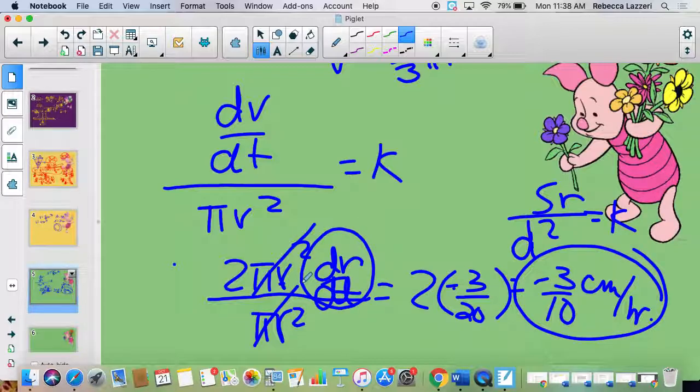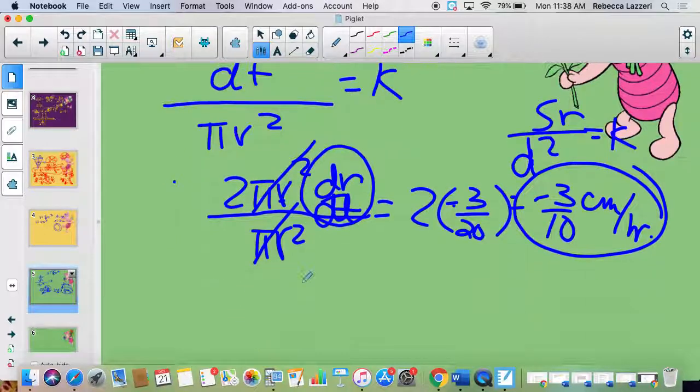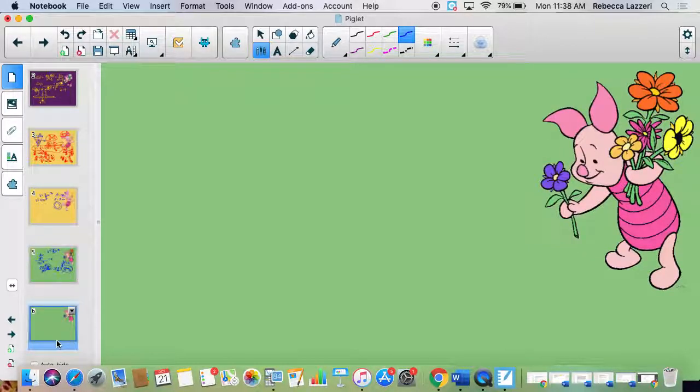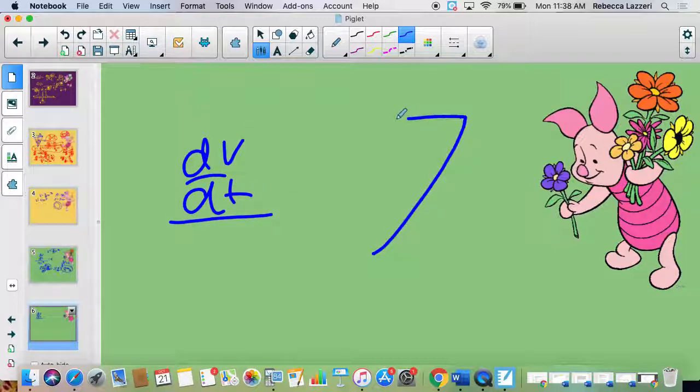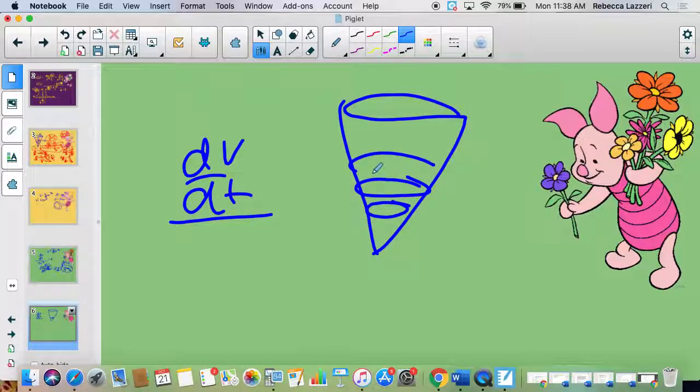Now I felt like there was a whole lot of talking going on, so I want to revisit this real quickly. It said the rate of change of volume is directly proportional to the surface area. They're going to do this to you. As this surface area is coming up or going down, this is evaporating. Can y'all see the surface of the water is a circle? That's where I got the pi r squared for a direct proportion. Then I took the derivative and I got my proportion with my dr/dt.